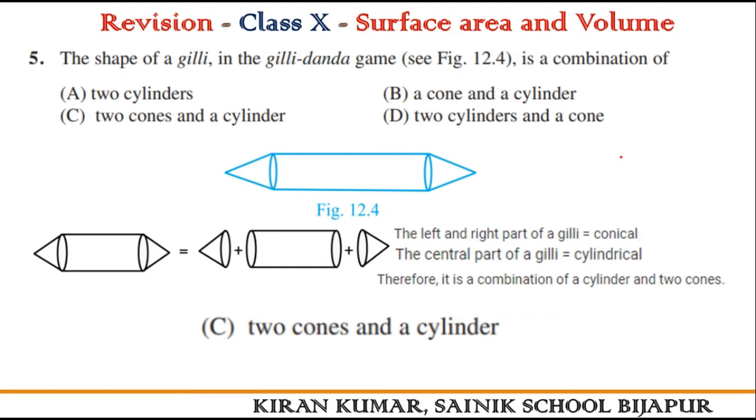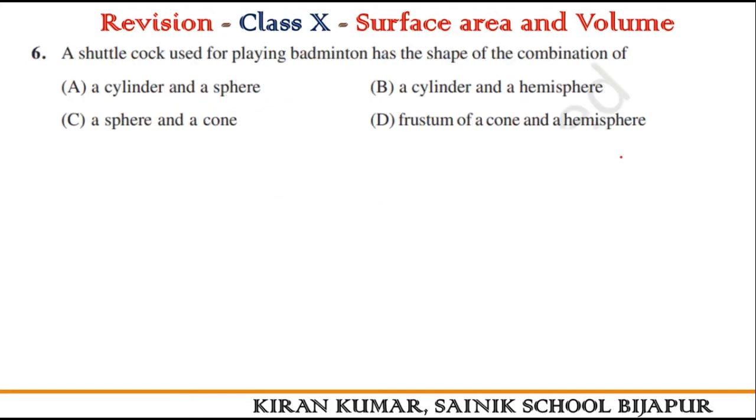Question number 6. A shuttlecock used for playing badminton has the shape of the combination of: option A is a cylinder and a sphere. Option B is a cylinder and a hemisphere. Option C is a sphere and a cone. Option D is a frustum of a cone and a hemisphere.